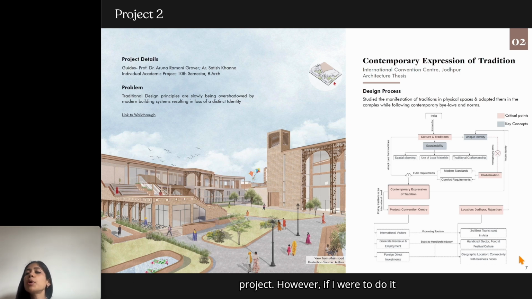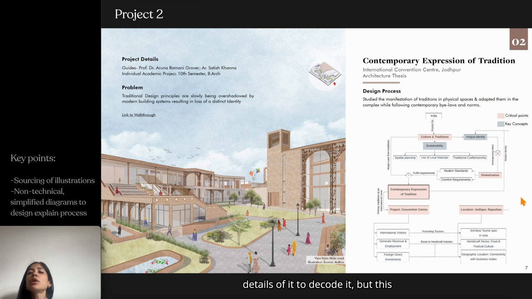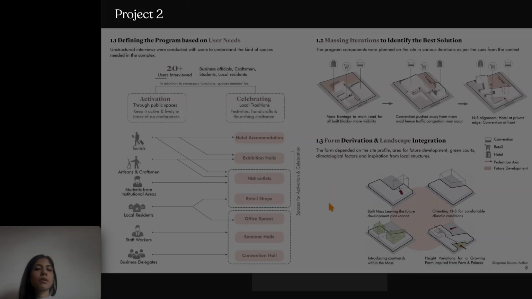However, if I were to do it now, I would make the diagram much more simplified so that it's more graspable when you look at it in one go. Right now, it is a bit complicated, and one would really have to go into the details of it to decode it. But this is what I had put on the cover page for my architecture thesis.